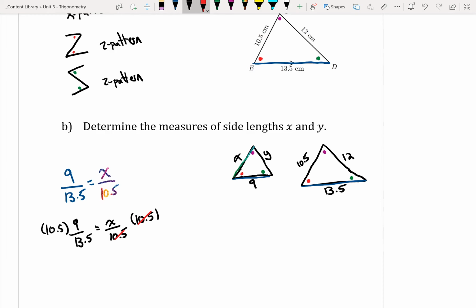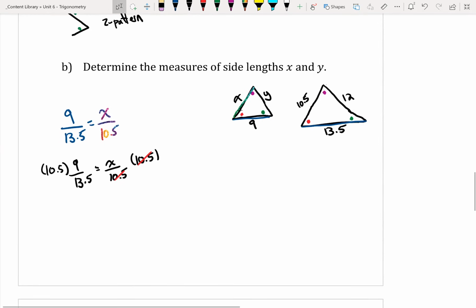So they cancel out on one side, and on the other side, 10.5 times 9 is 94.5. I still have the divided by 13.5. And when I do that division, I get that x equals 7. So based on the ratio of the sides I know, x on the small triangle is going to be 7.